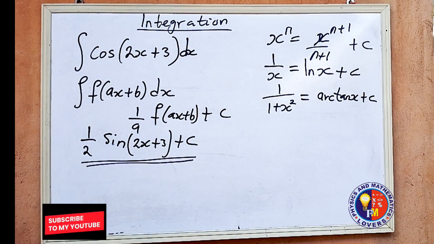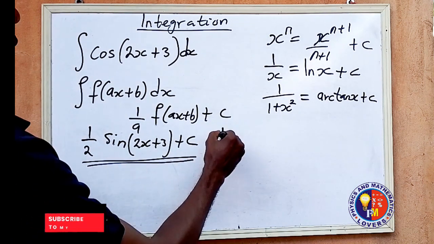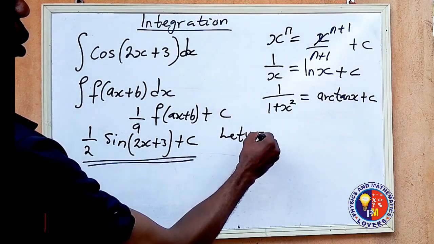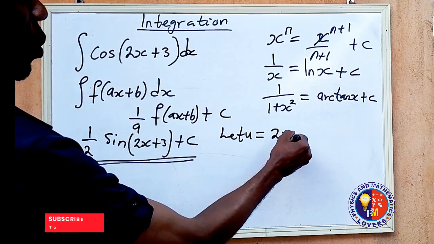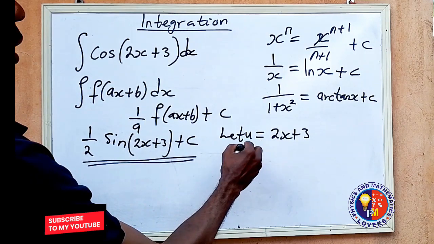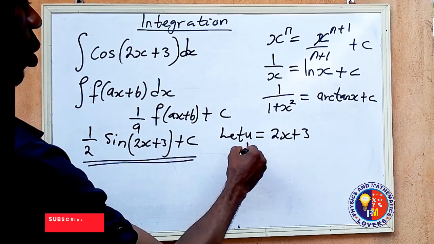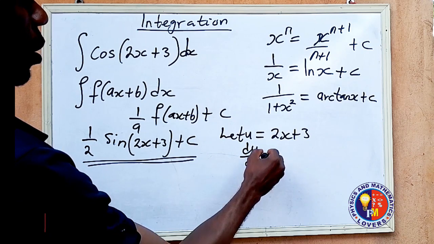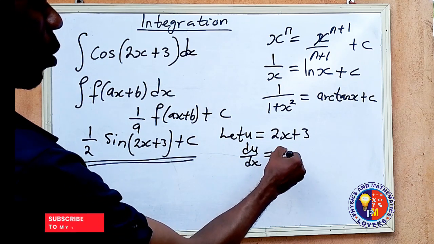So I want you to use this method. Just say let u equal to 2x plus 3. Here you have to differentiate u with respect to x. You have du/dx equal to 2, of course.